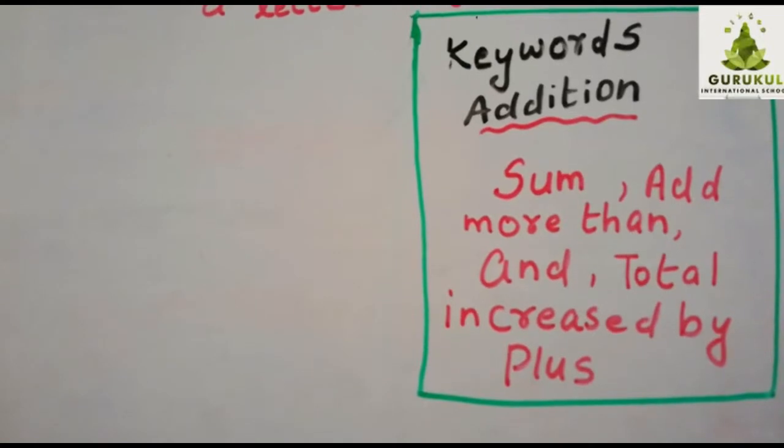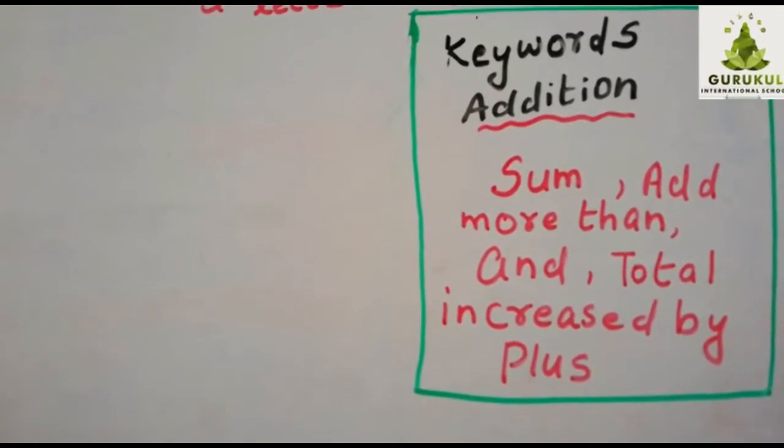Children, copy down these keywords for addition type of sums. Now there are 4 operations which we are going to use here to frame an equation. For framing the equation, we should know the keywords used for addition, subtraction, multiplication and division. So these are the keywords for addition. Copy this down. If the word sum comes, you have to add.